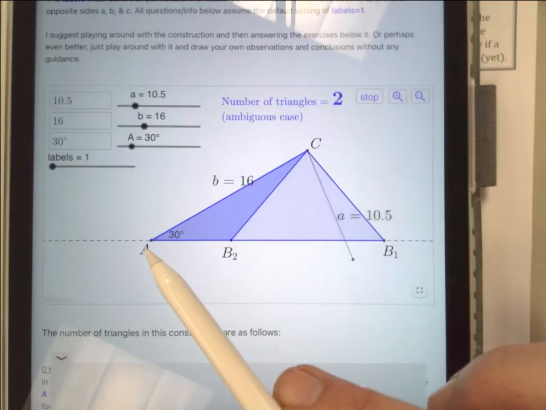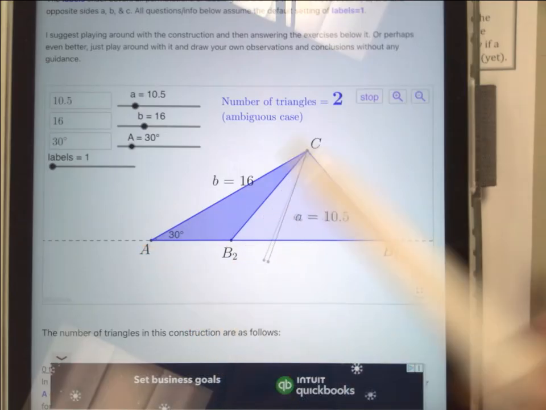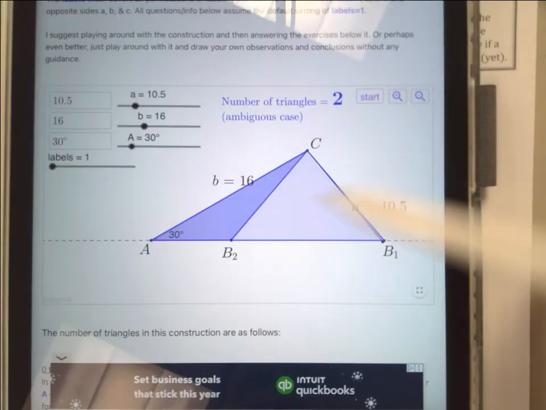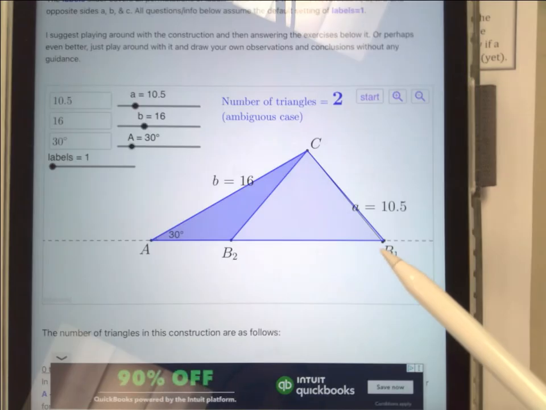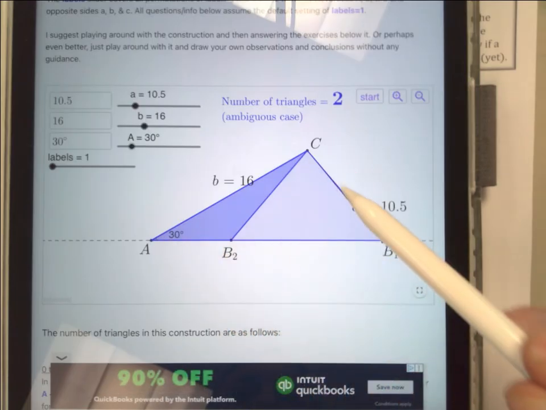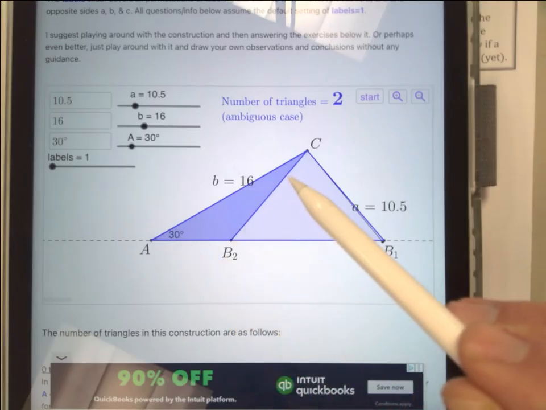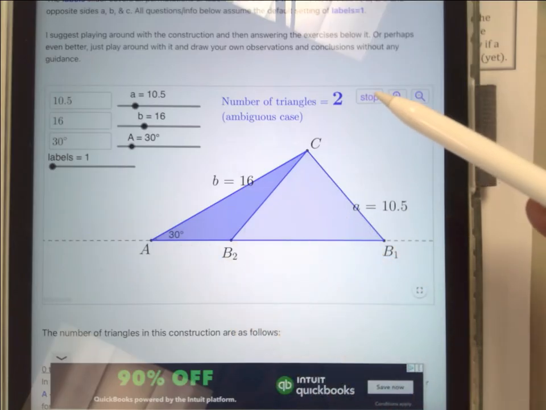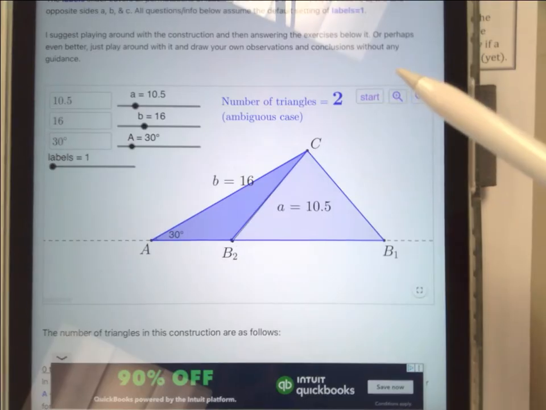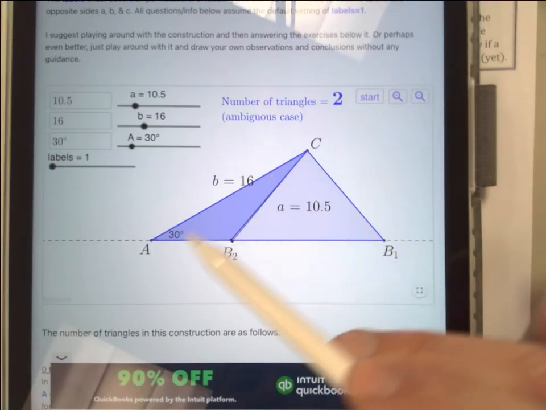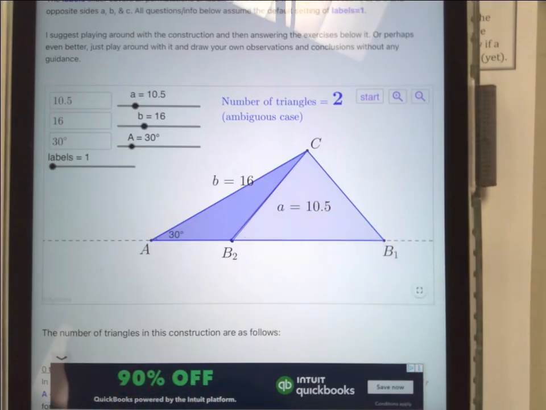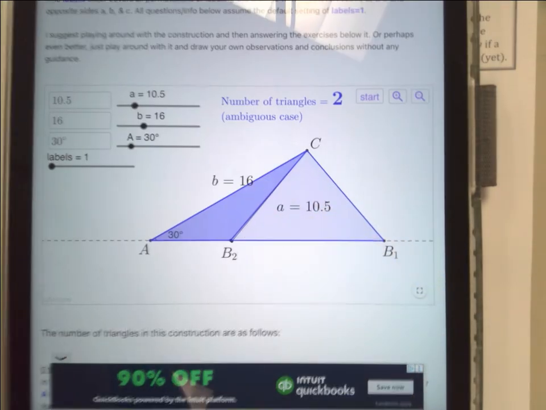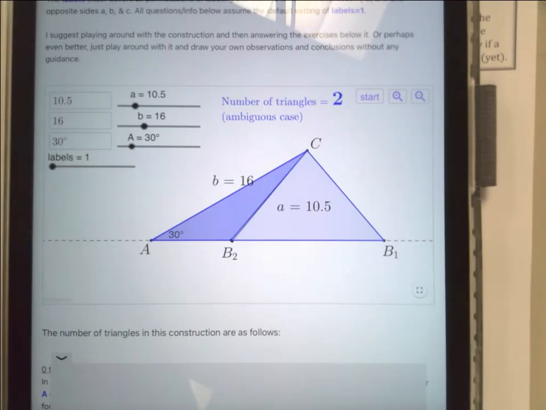And then there's one out here, like if this string swings out here, you could be talking about a triangle that is like this. Or you could be talking about this triangle. And you're like, what in the world? Why is this happening? Why are we talking about this right now?